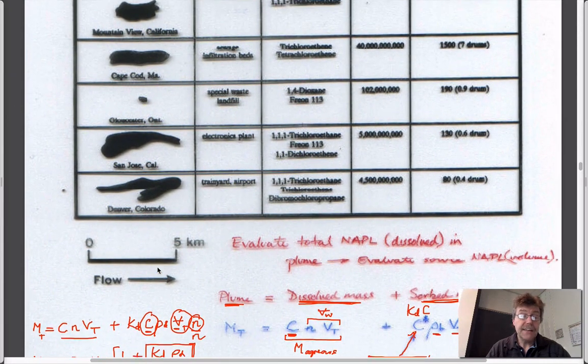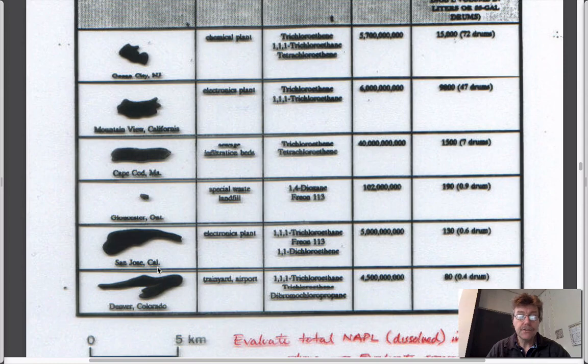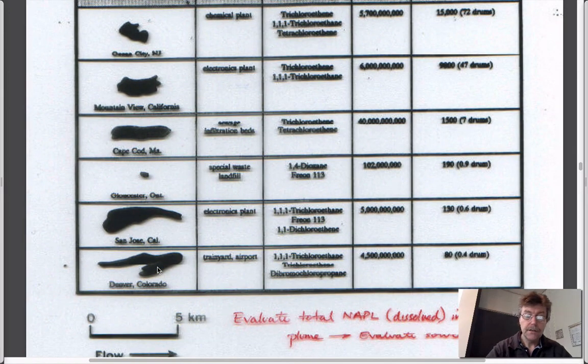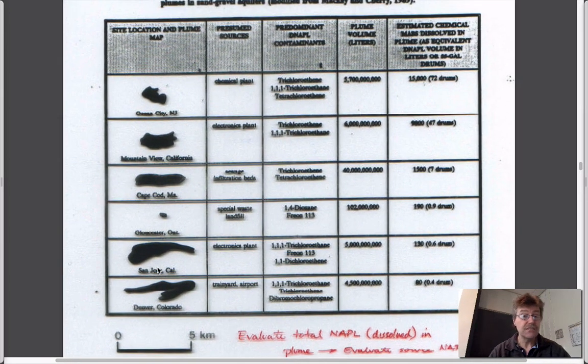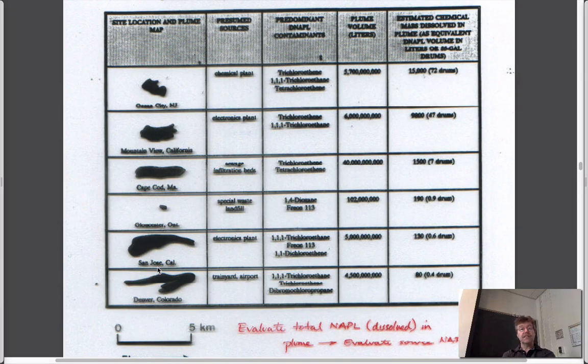And it may just be an academic exercise, but this is kind of an interesting plot here. What you see is these are some famous contaminated sites, Superfund sites. Mountain View, California, this is Palo Alto, so this is semiconductor industry. This is probably Otis Air Force Base in Cape Cod, Massachusetts.